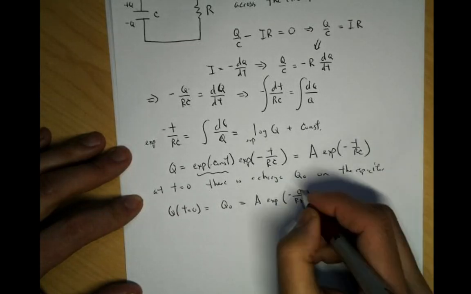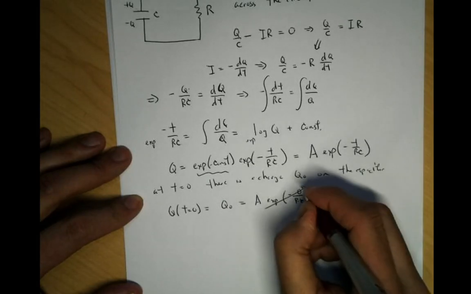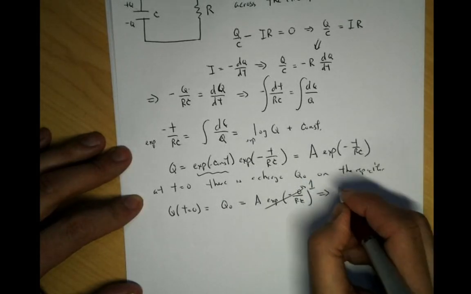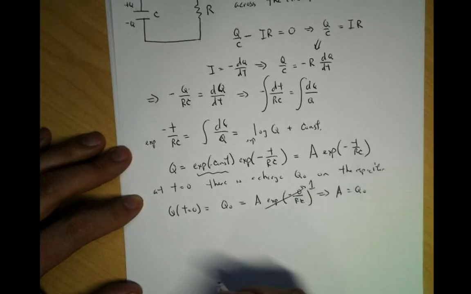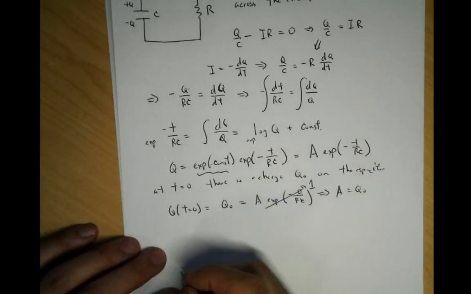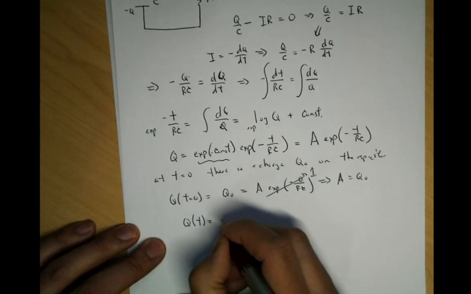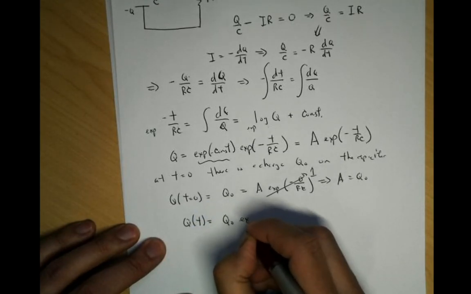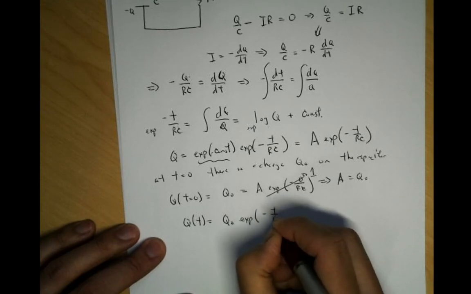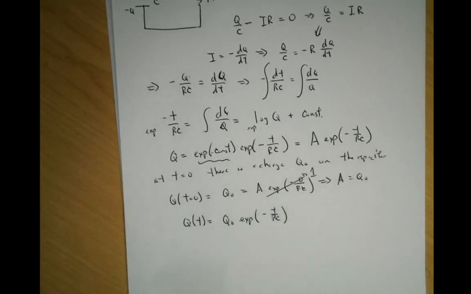Well, the exponent of 0 is just 1. This goes to 1, and so A is equal to Q0. And so we're left with the solution: Q of t is equal to Q0 exponent minus t over RC, right?